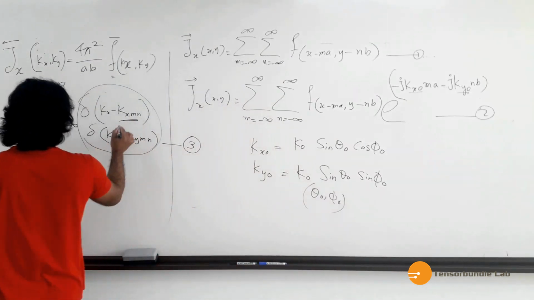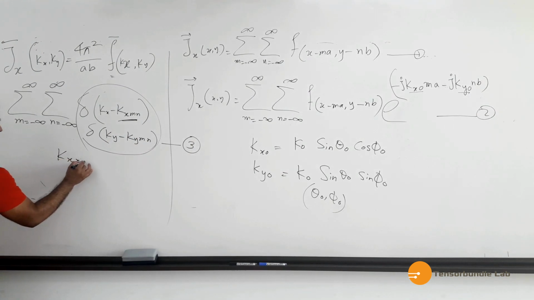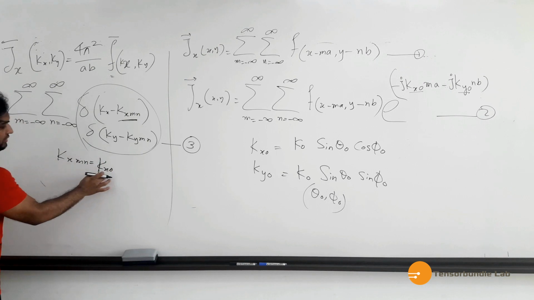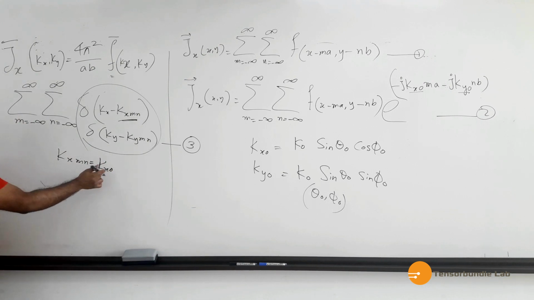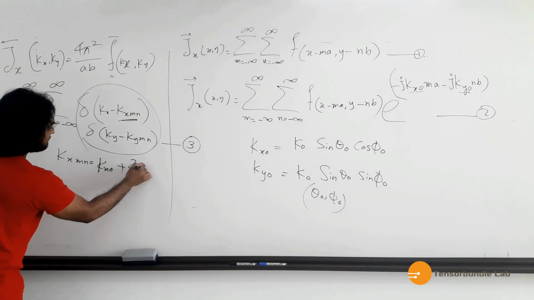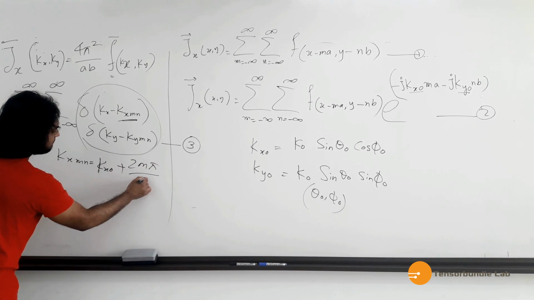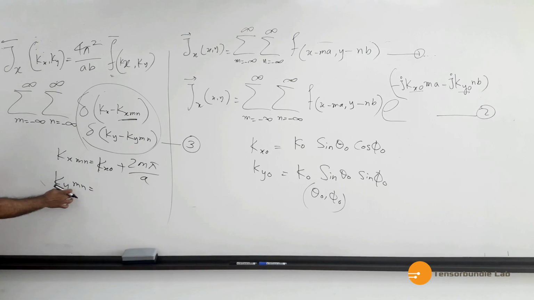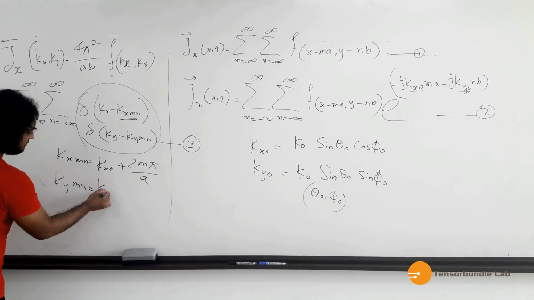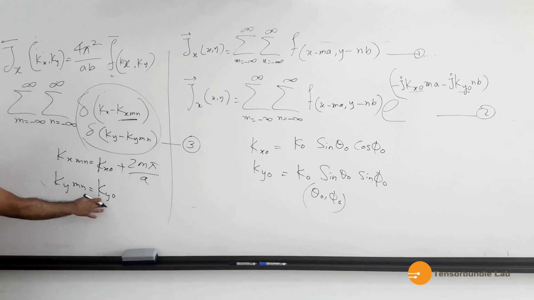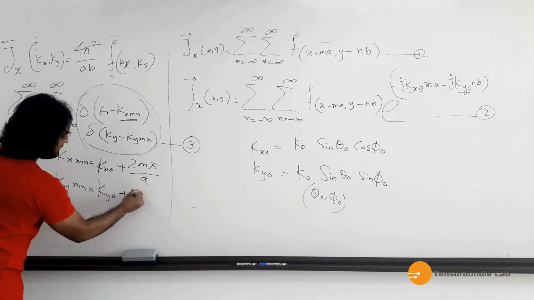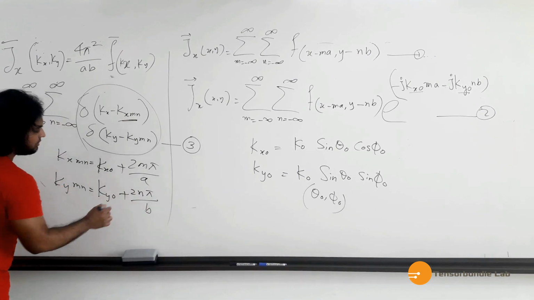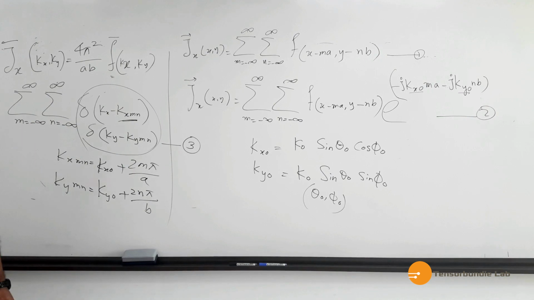And here, kx,mn is nothing but kx0, the phase gradient along the x-axis, plus an additional phase shift of 2m pi by a. In the same manner, ky,mn can be written as the phase gradient along the y-axis, ky0, plus an additional phase term of 2n pi by b.